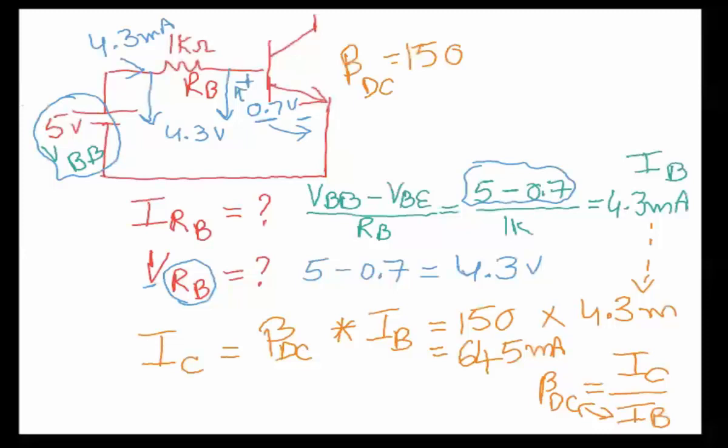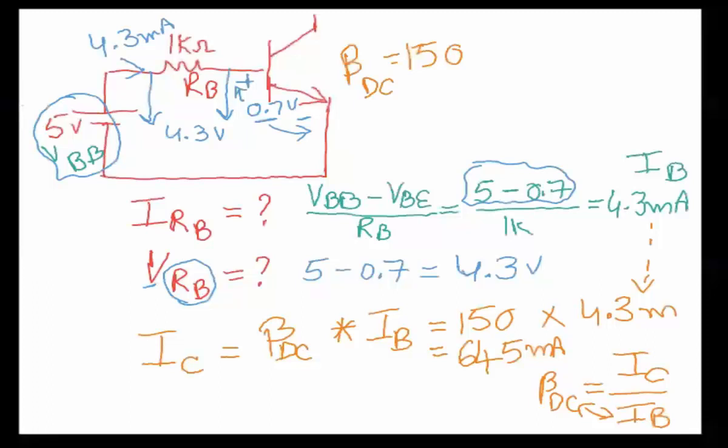IC to IB, which is the formula itself: collector current to the base current. This is one way. Unless something is known on the other side of the loop, we can find the collector current this way. You see what I mean?